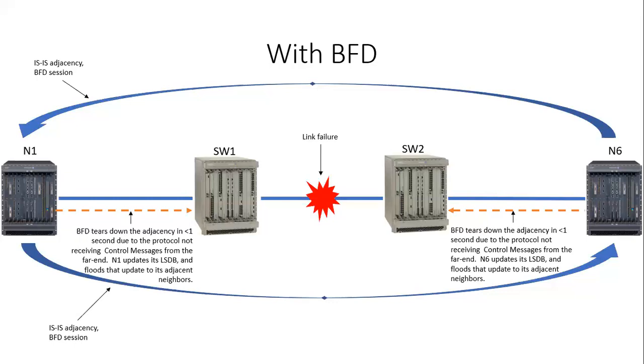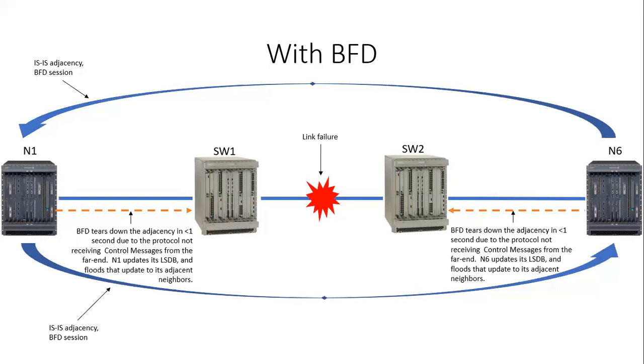So all BFD does is send UDP control messages at a very high interval to a neighbor, and it expects those same control messages to be received at a very high interval from that neighbor. The data within a BFD control message might be, for example, just an integer that increments.